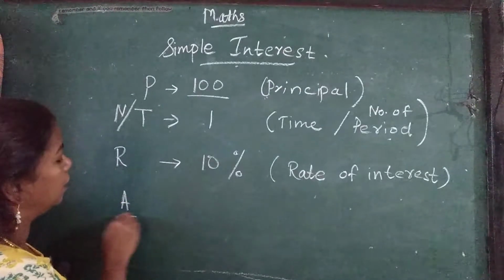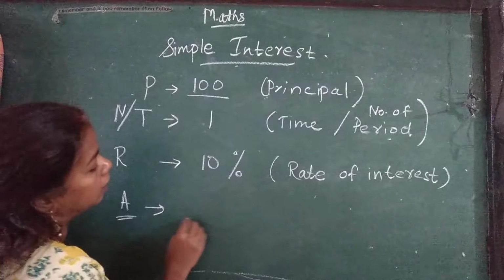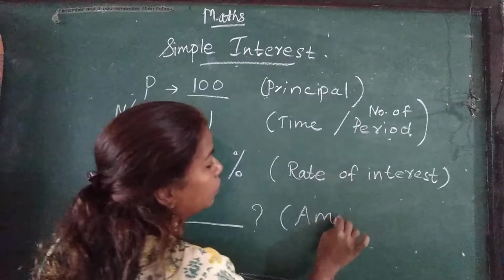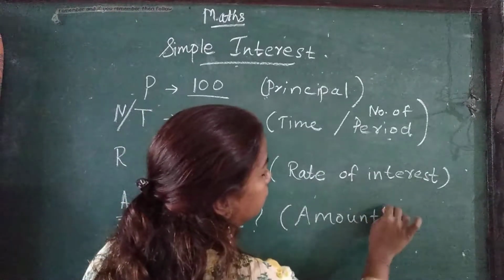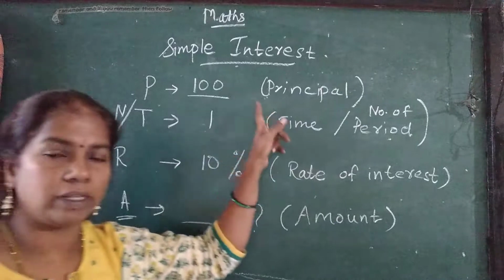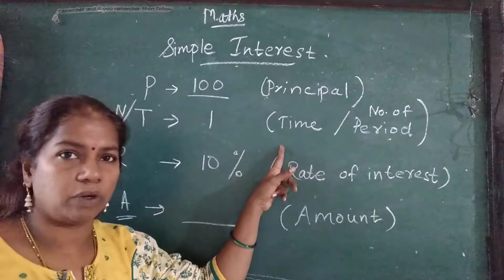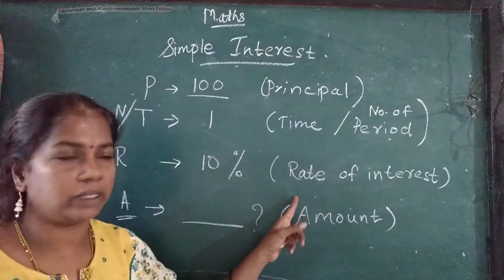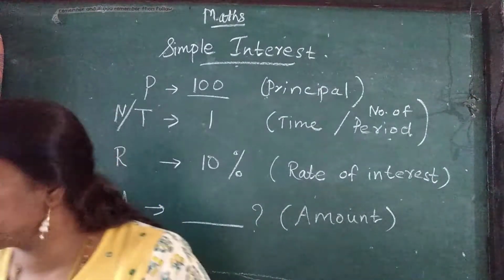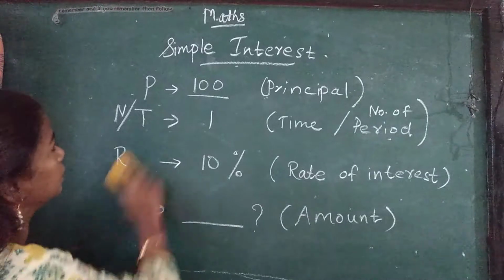That is amount. A stands for amount. Understood now? The terms are principal, time or period, rate of interest and then amount. Now we will see the calculation.